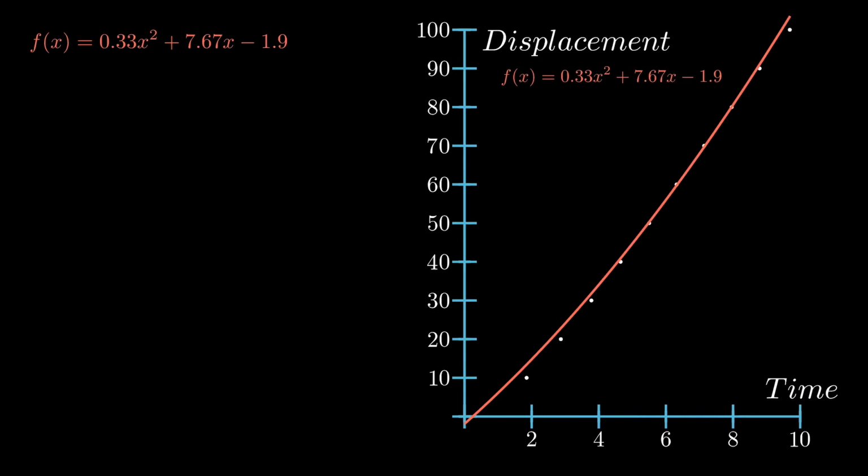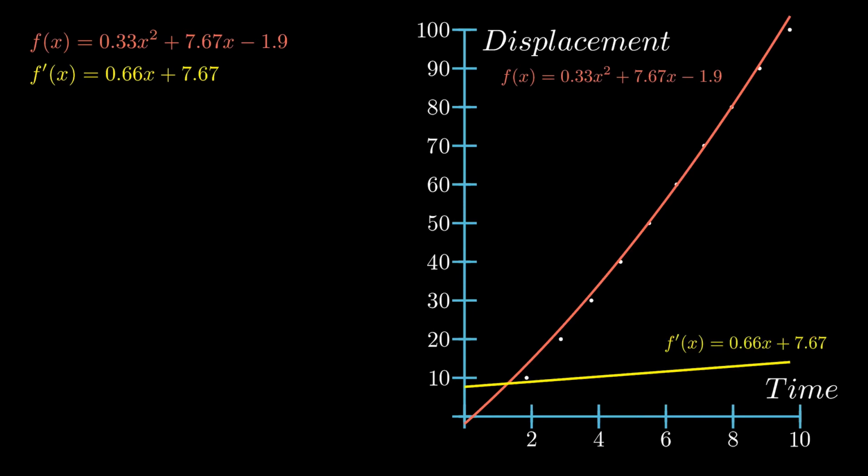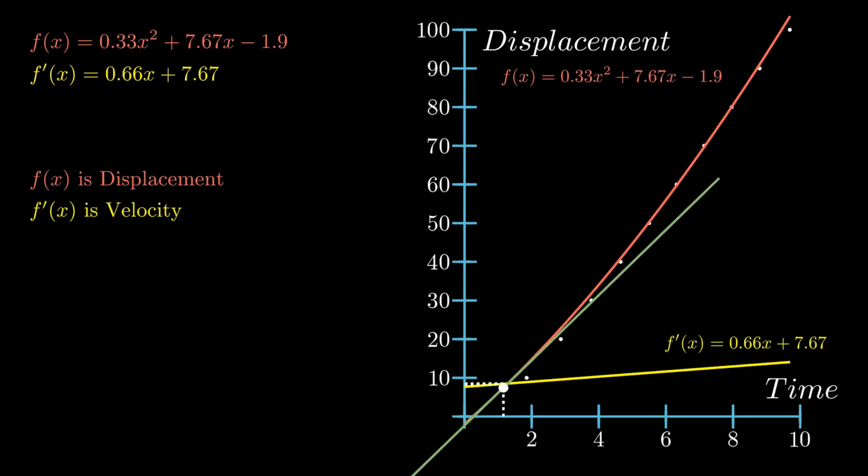If we differentiate this function of displacement, we get the function f prime of x being equal to 0.66x plus 7.67. To reiterate what these numbers mean, f of x is a displacement function, and f prime of x is a velocity function. We can interpret this finding by analysing the y values on the velocity function.